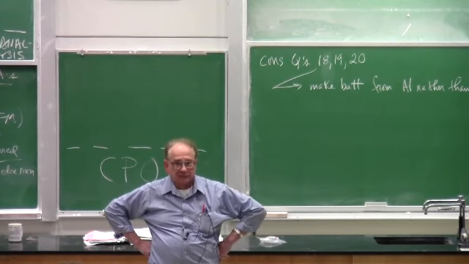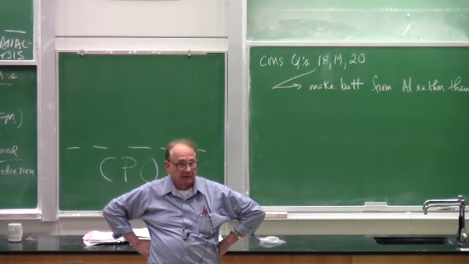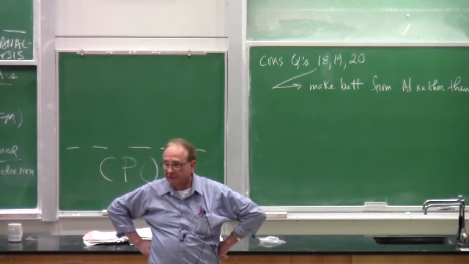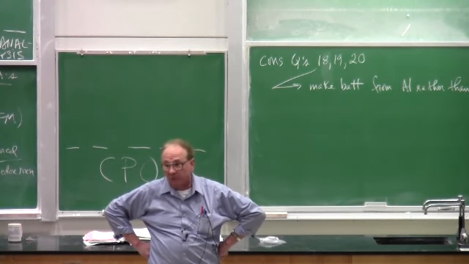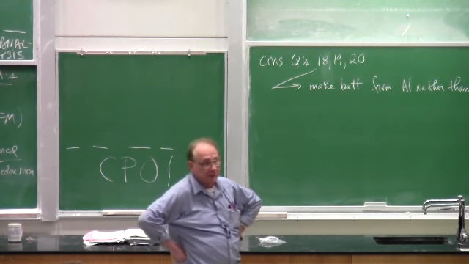Aluminum. Because per mole I get 3 moles of electricity per mole of aluminum oxidized. Per mole of zinc oxidized I only get 2 moles of electricity.